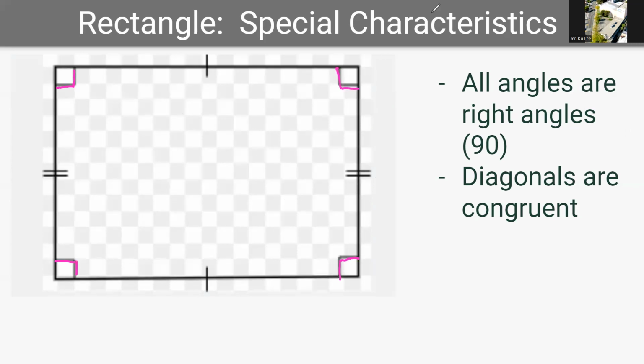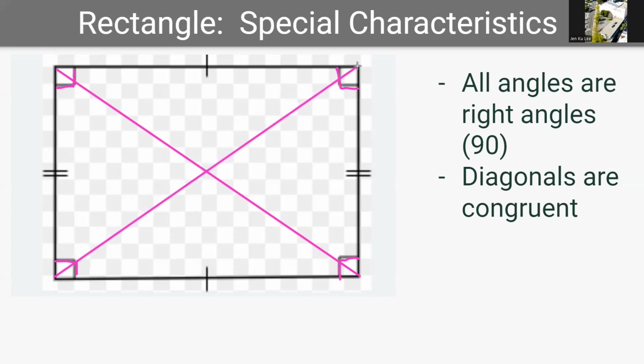And their diagonals. Okay, so if I draw a diagonal here and a diagonal here, their diagonals are also congruent. So they bisect each other and they're congruent.